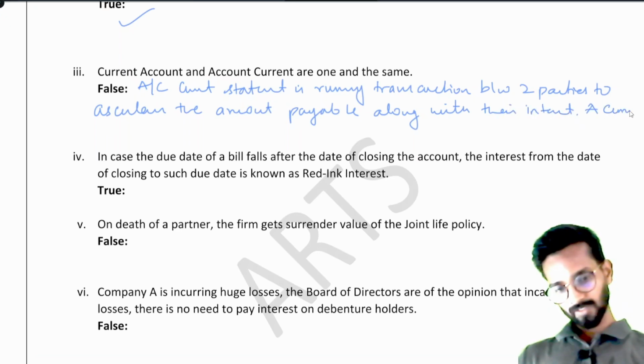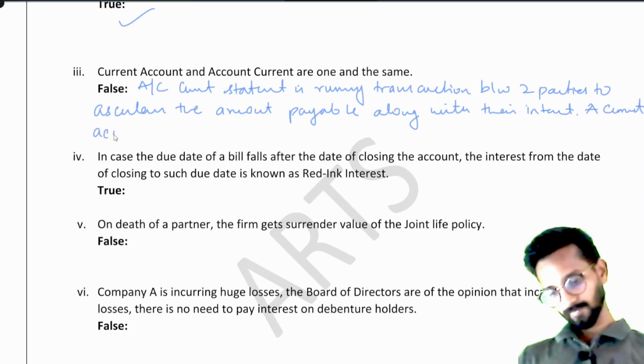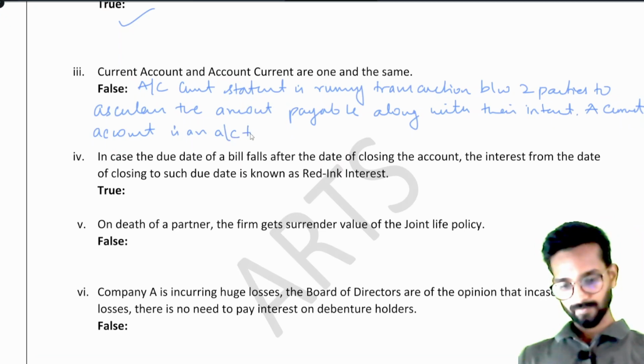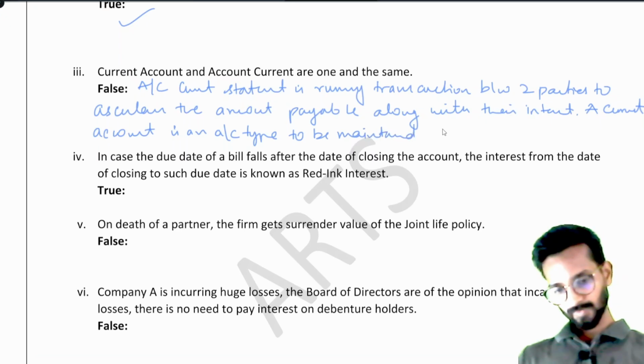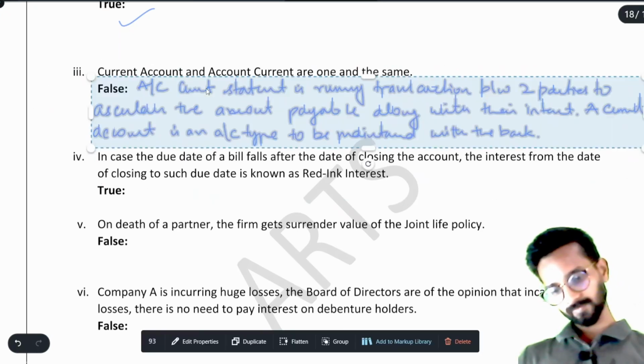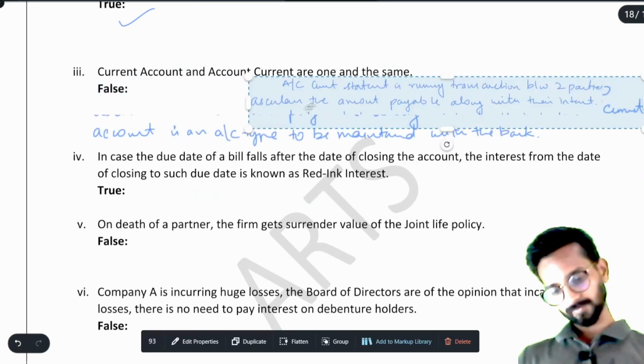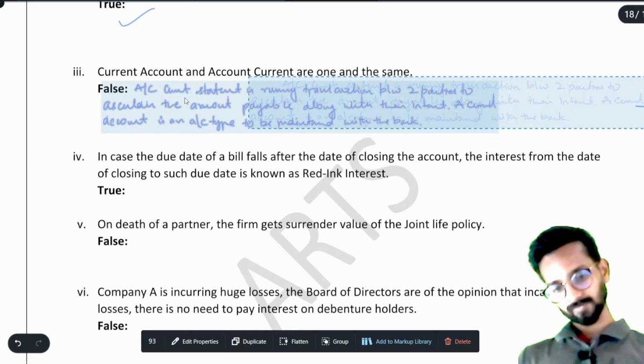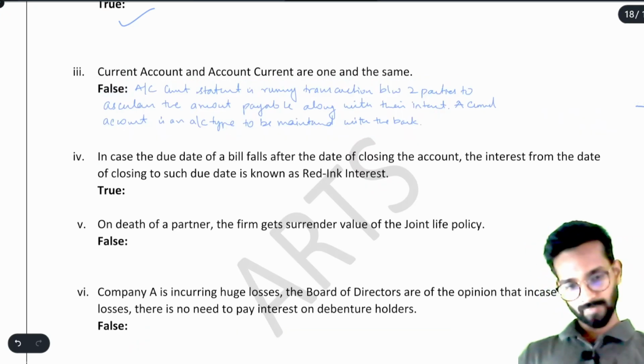But a current account is an account type to be maintained with the bank. Okay, this is the difference between both. Magic, no? Yeah, magic only. Chalo.